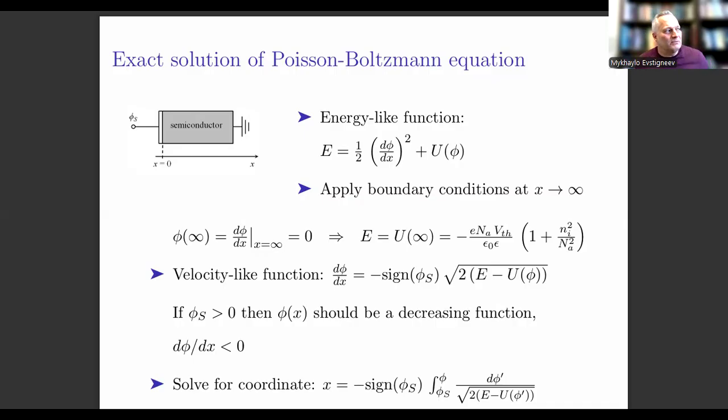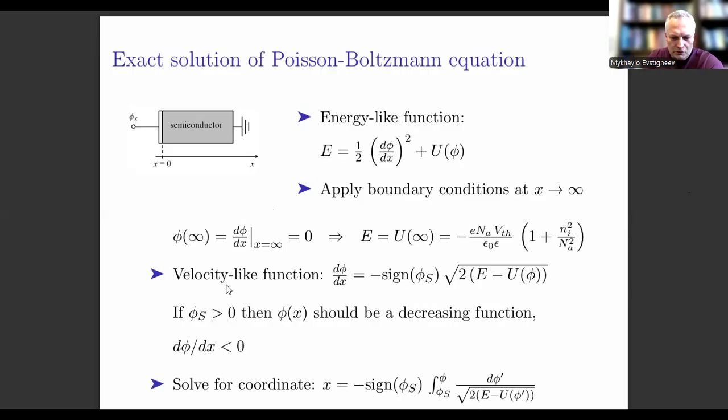Depending on the doping level, this may happen at a distance of 10 micrometers, or maybe 100 micrometers, if you want to be on the safe side. So infinity is really not mathematical infinity, but physical infinity.